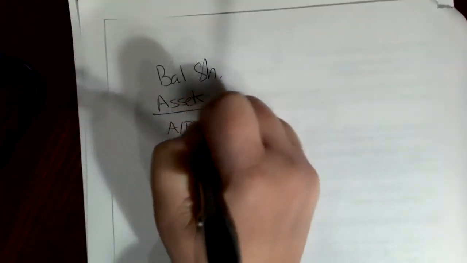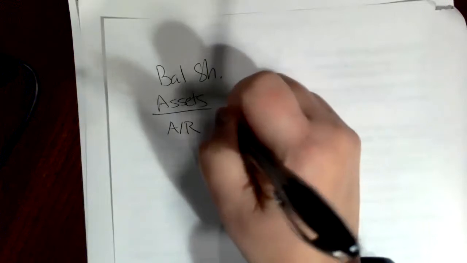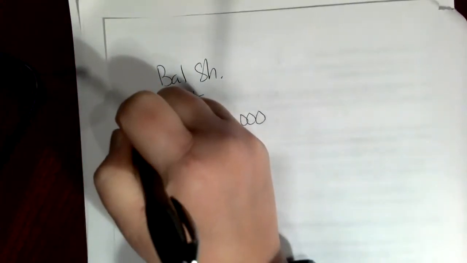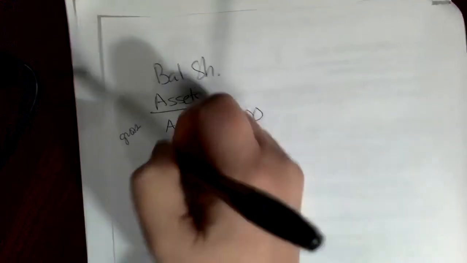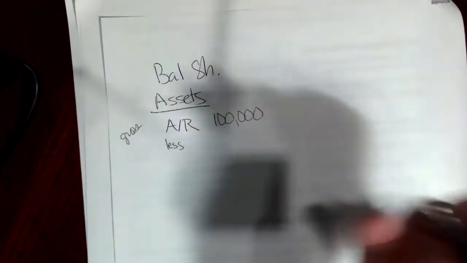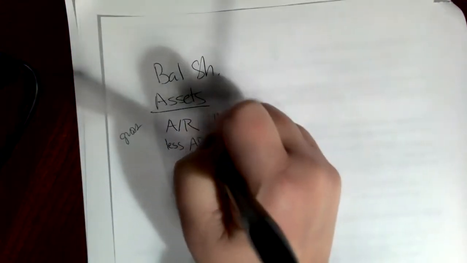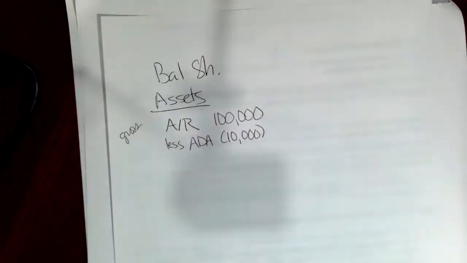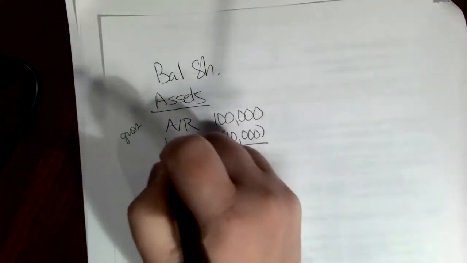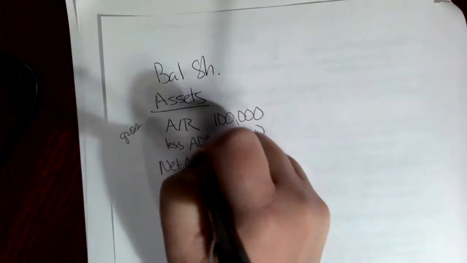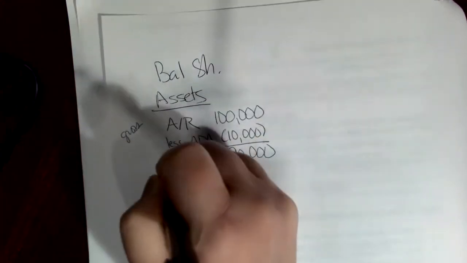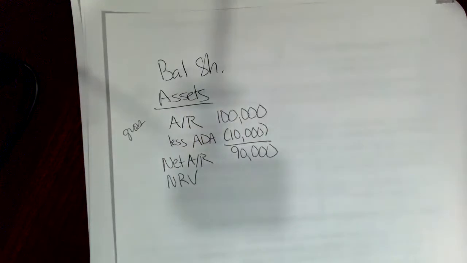So what net AR or net realizable value reports is our accounts receivable, and it doesn't say so, but that's a gross amount. And then you say less or minus your allowance for doubtful accounts, the amount you think you're not going to be collecting because some customers don't pay you. And that's what gets you to this net AR amount. It's also called net realizable value.